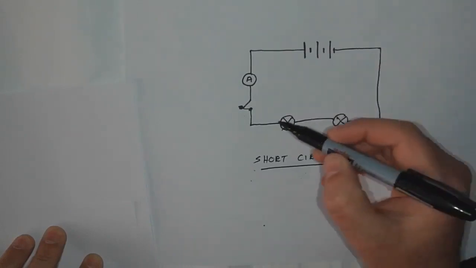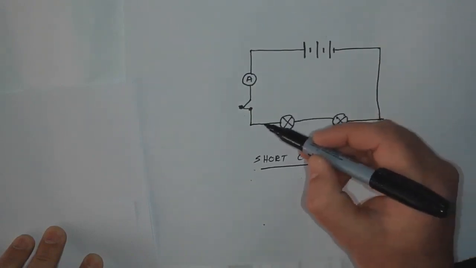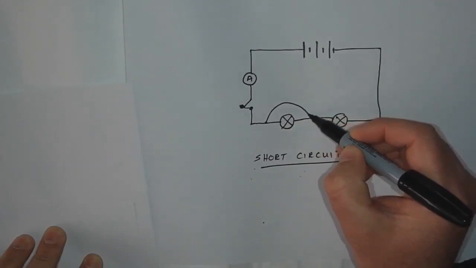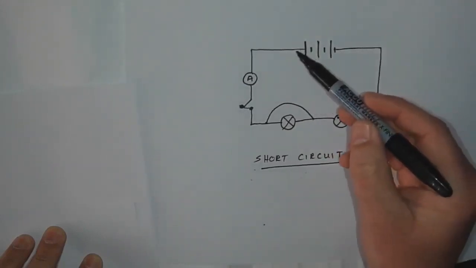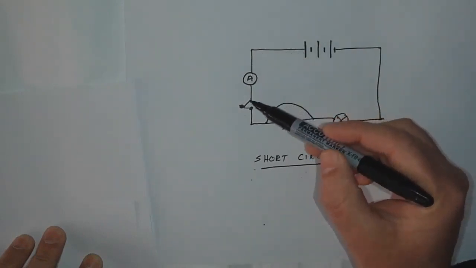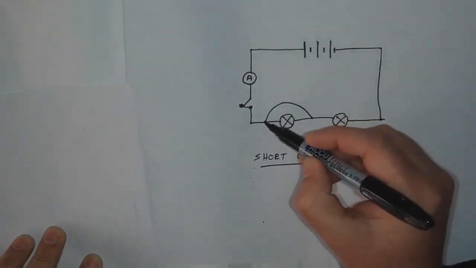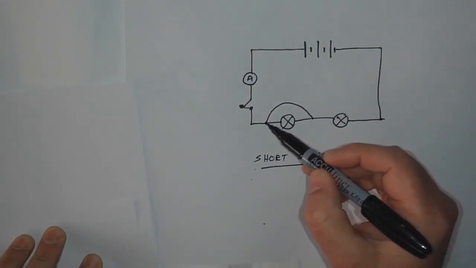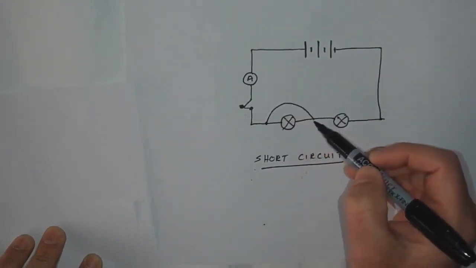Now, short circuits happen mostly by mistake or by fault, and that is when you connect a wire like this. See what happens. The current comes along this conducting wire through the ammeter, through the switch, and when it reaches this point, there's two pathways for the current to go. The one pathway is through the bulb, and this is the other pathway.